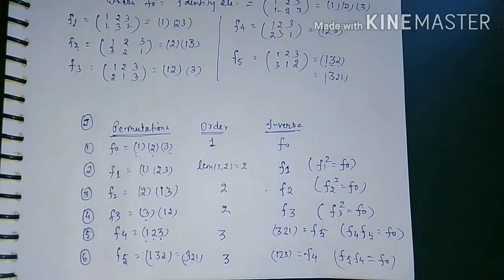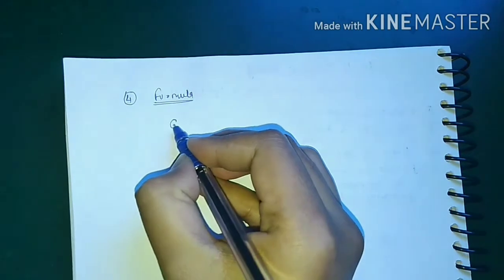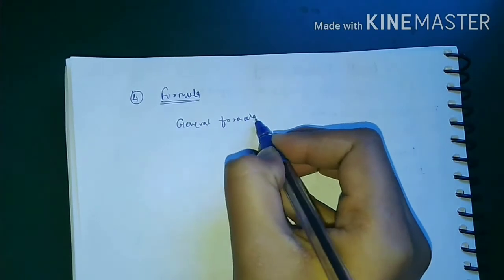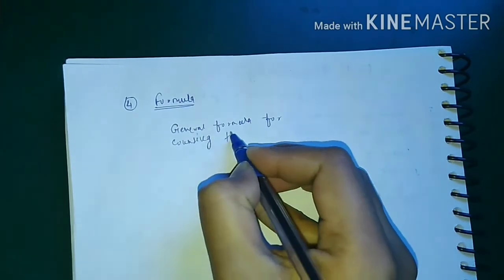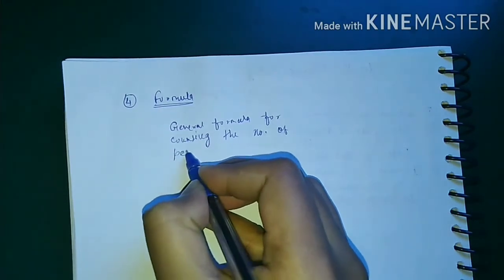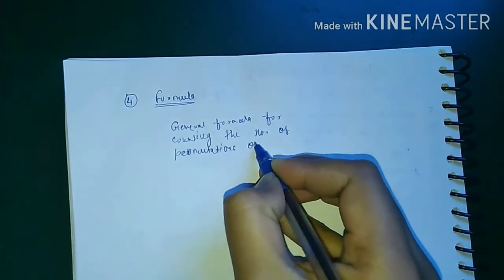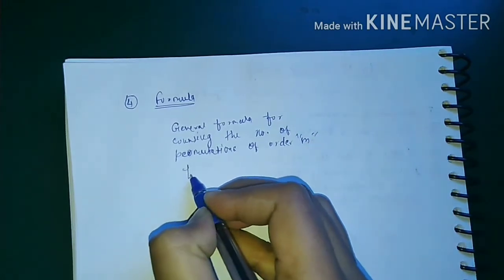Now we are going to find the formula for counting the number of permutations of any given particular order. First, we are going to write the general formula for counting the number of permutations of order m from the group Sn.